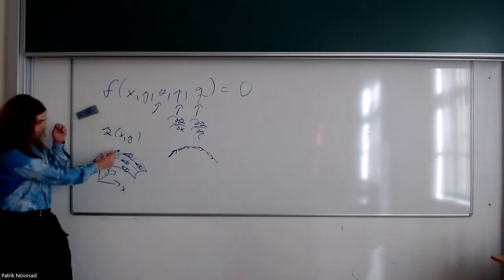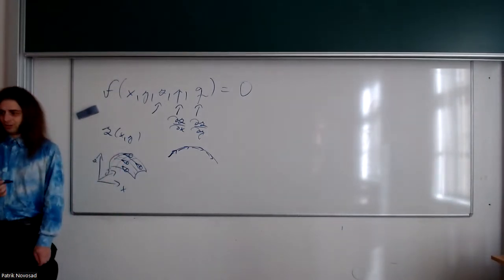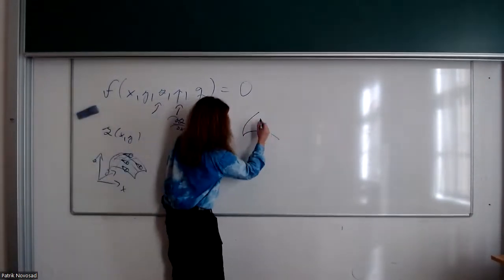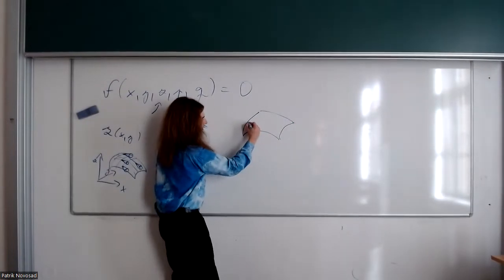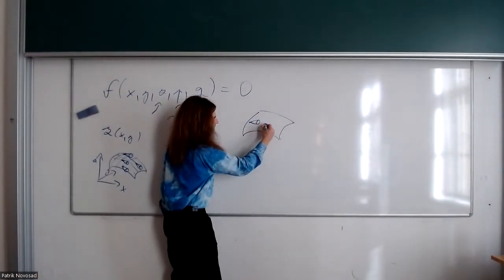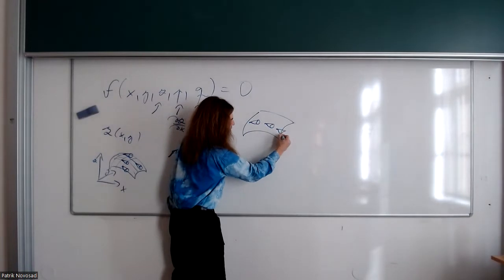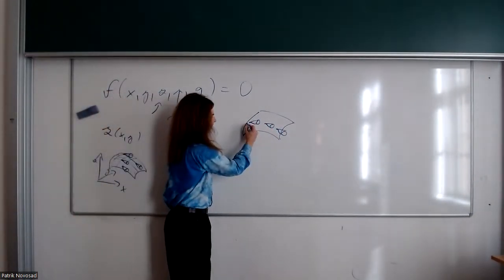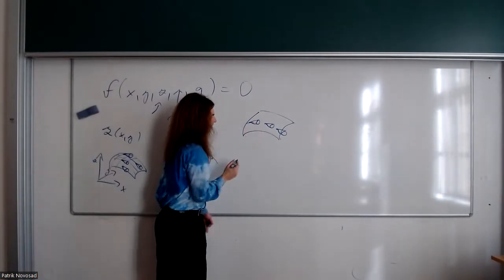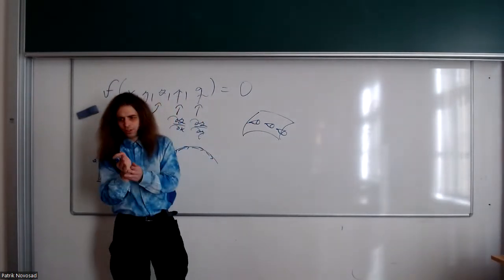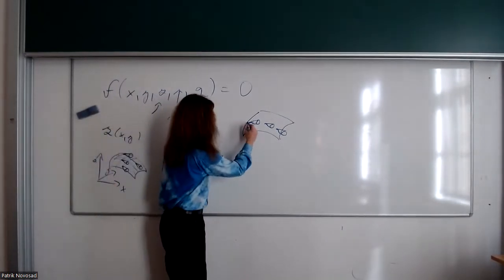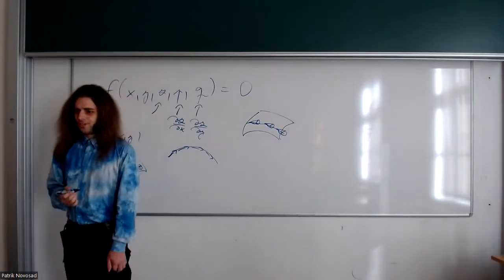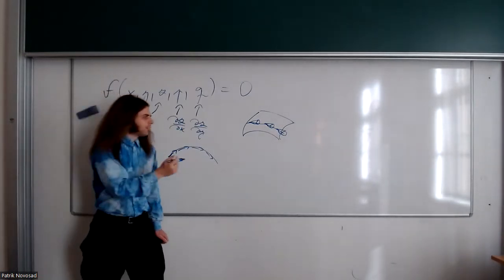If we imagine such a surface that is a solution to the equation, I will draw another one here, and if we just look at how the cones touch the surface, and at each point we draw a line that goes along the cone, then we get some kind of curve. And we call that curve the characteristic curve.